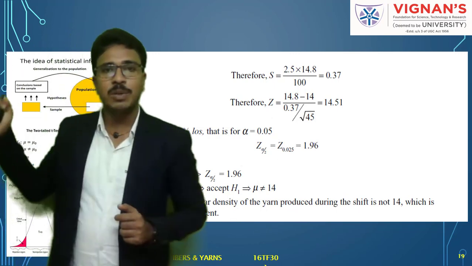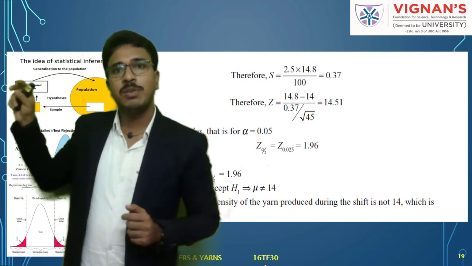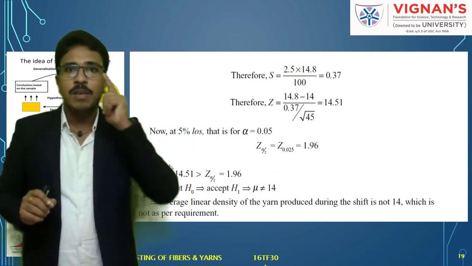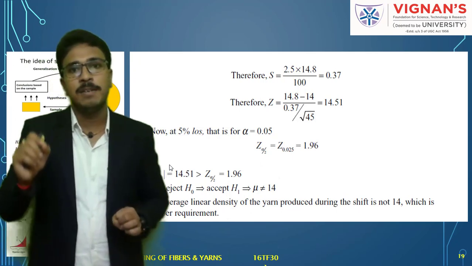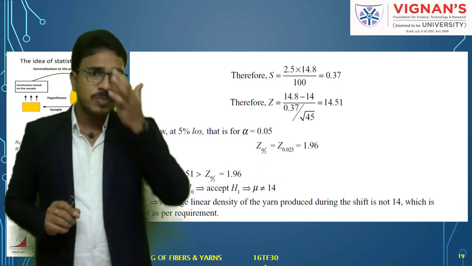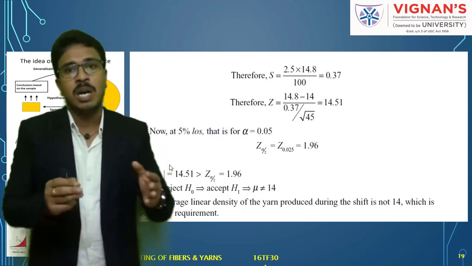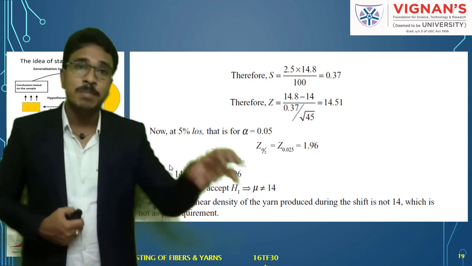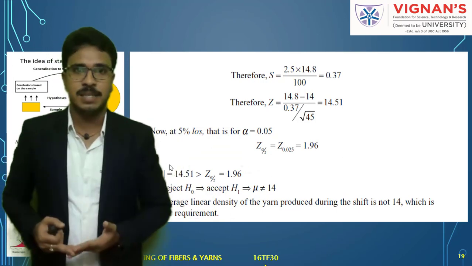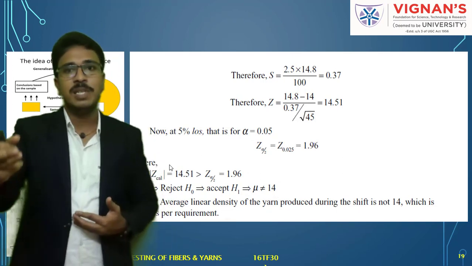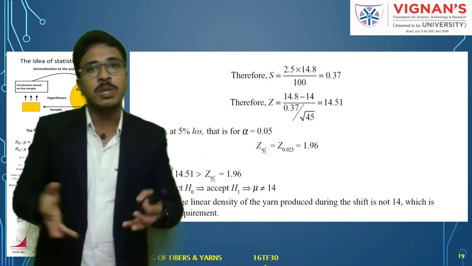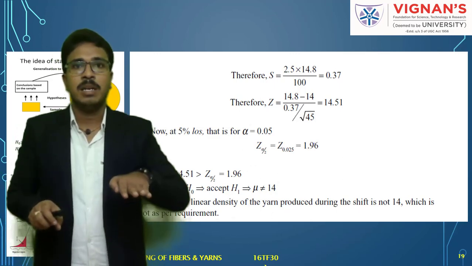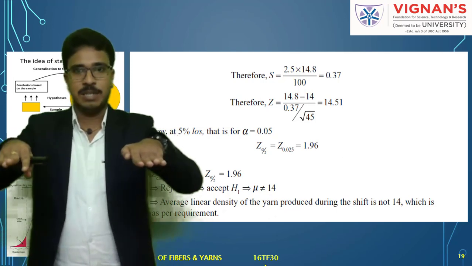So you have to go back to the Z table and see the value of Z at 0.025 at 5% level of significance, that is 1.96. So now we arrived at the Z table value at 5% level of significance as 1.96, and the Z calculated value is 14.51. Now we have to compare these two, and as I told you already, you have to compare your table value with your calculated value.